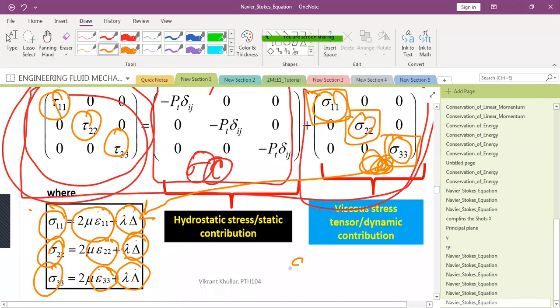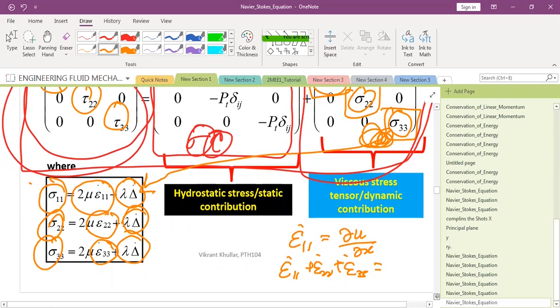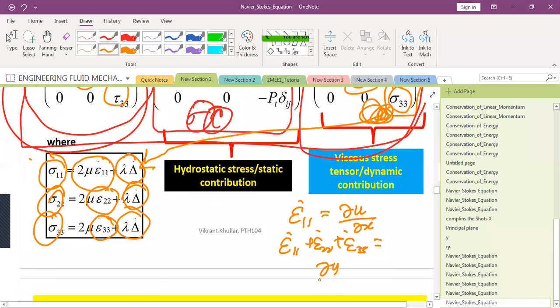So what is E11 dot? Curly U by curly X. What is E11 dot plus E22 dot plus E33 dot? Curly U by curly X plus curly V by curly Y plus curly W by curly Z. Now, if you remember the continuity equation, what was it?